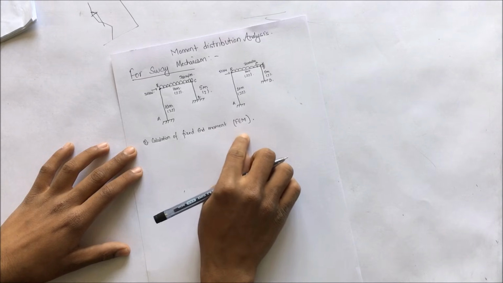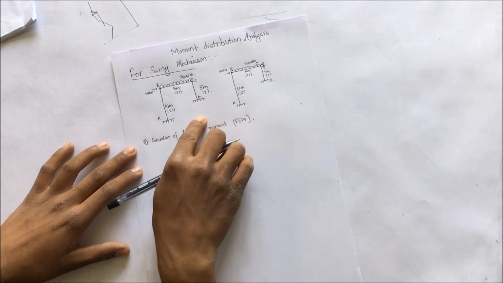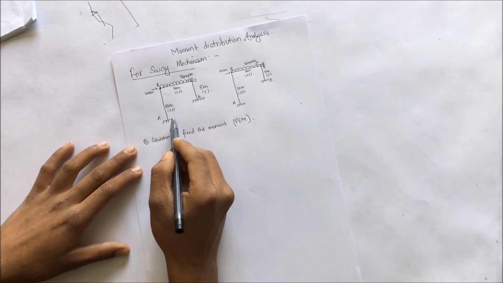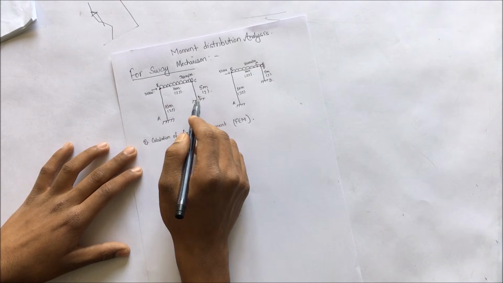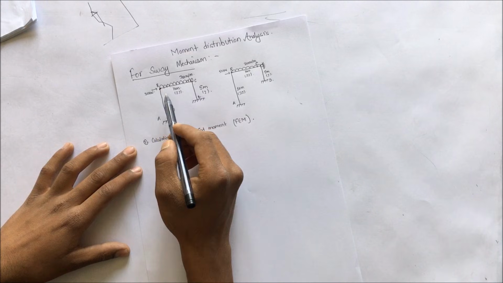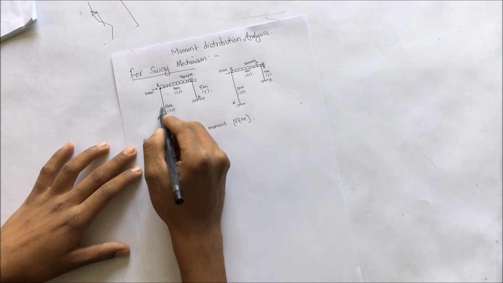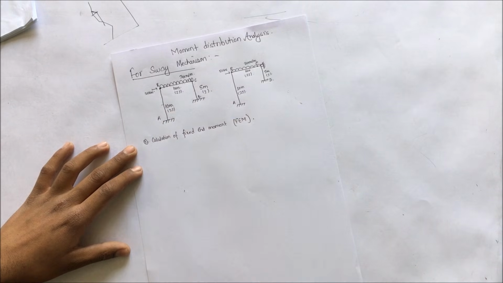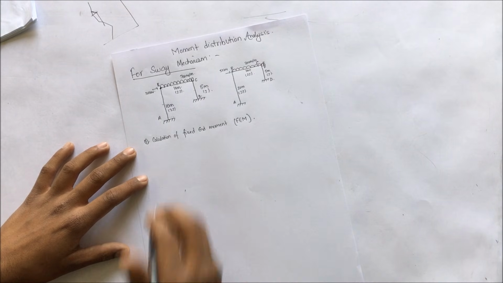So FEM is to be calculated for each member, and in this type of question, this is a fixed support, this is a fixed support, and the members between the supports are known as intermediate members or intermediate supports. For example, AB, BC and CD are intermediate members.